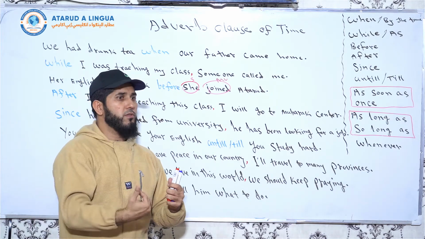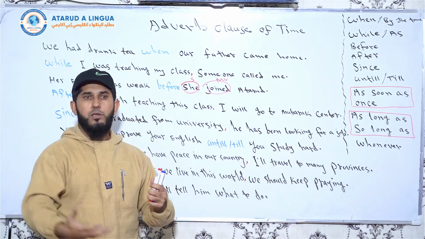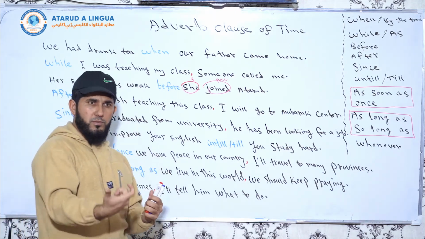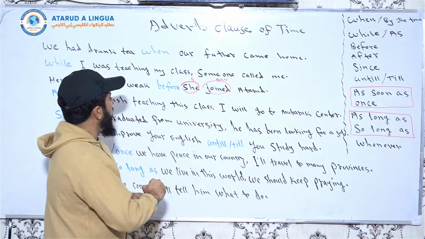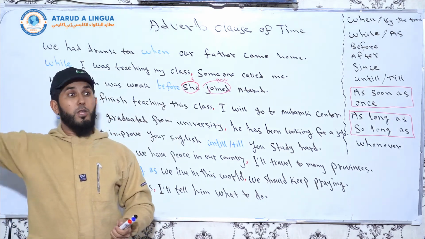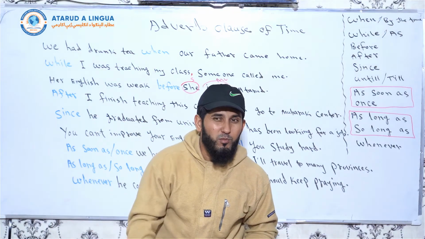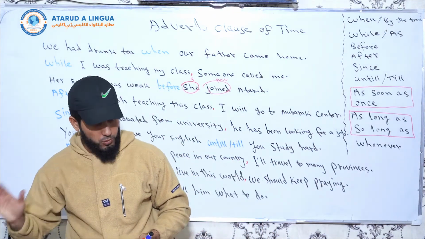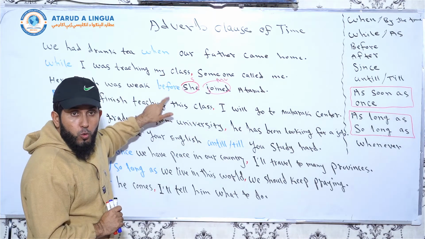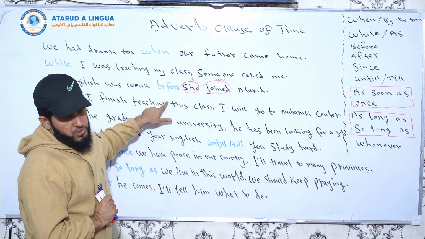And a gerund phrase can function as subject, as object, as object of preposition, right? As a complement of to be verb, right? Okay. Or for example, you can say her English was weak before 2020, before 2018. Okay. So now the point is that this word has double functions.